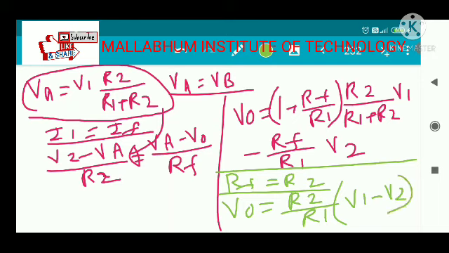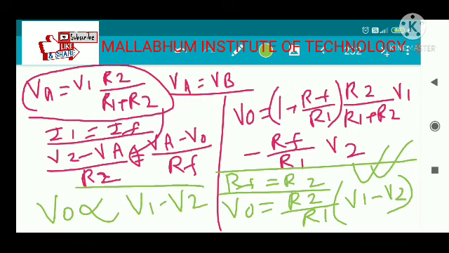So this circuit is very useful to detect a very small difference between two signals. V0 is linearly proportional to V1 minus V2. If one makes all the resistances equal, then V0 equals V1 minus V2.